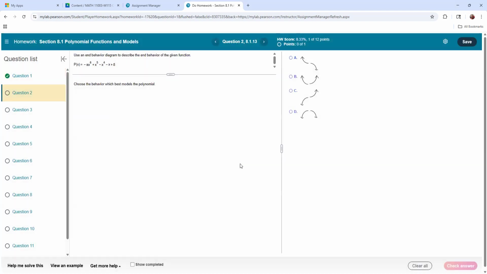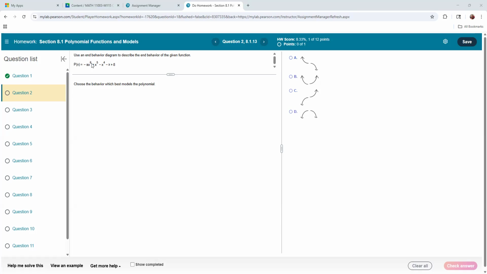All right, so what about this one? Same thing, A, B, C, or D. We have P of x equals negative pi x to the 6th plus x to the 5th minus x to the 4th minus x plus 8. The biggest exponent there is that x to the 6th, so that negative pi x to the 6th is my leading term.